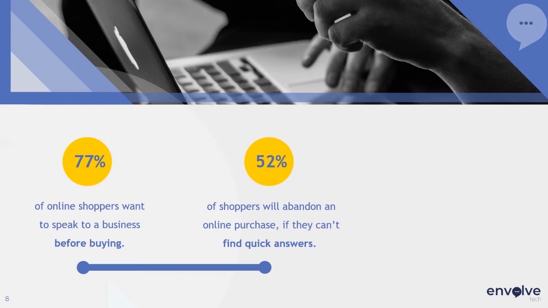So what we designed at Envolve was a virtual shopping assistant to take that in-store experience and bring it online. With more and more people shopping online following the current situation, it's about being there to listen to your customers and to help convert them when they're on site.